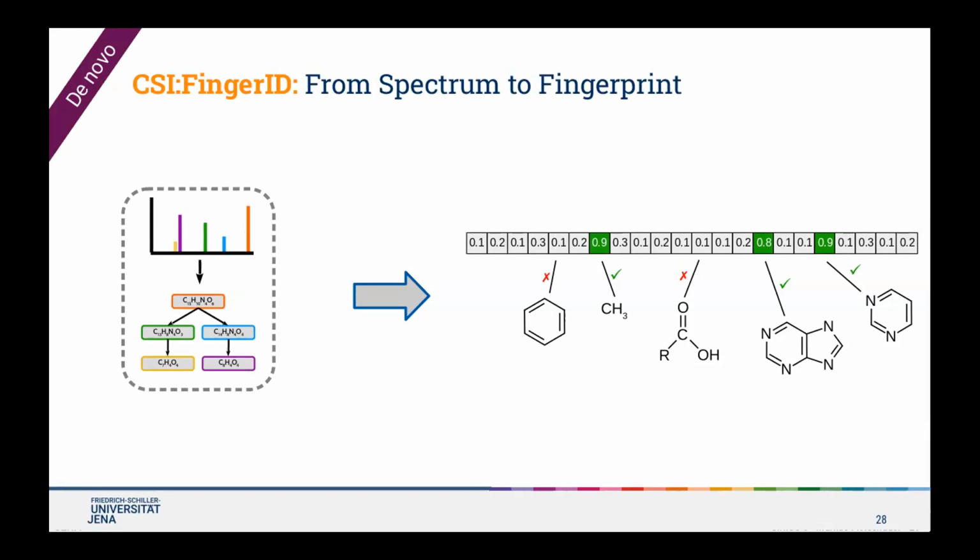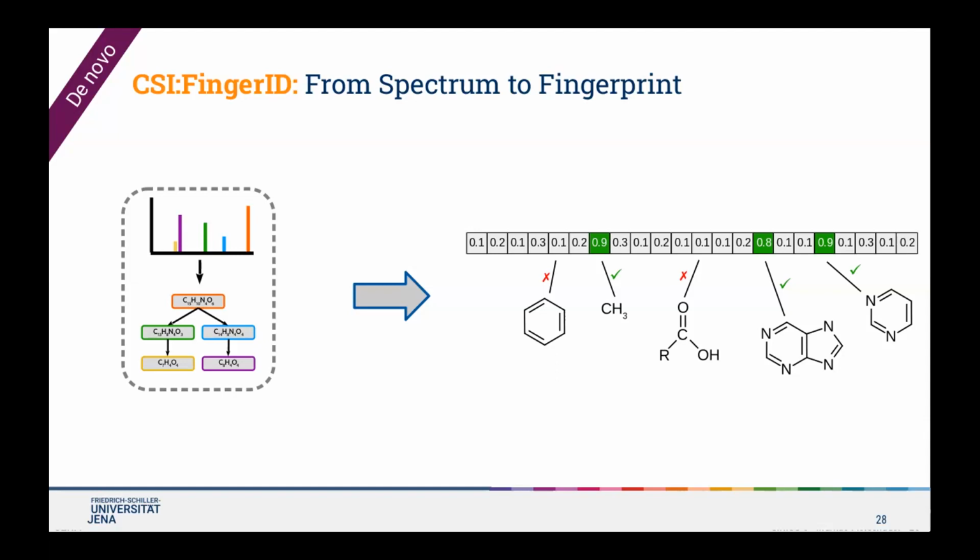And you might have noticed we do not have zeros and ones here anymore, because for each position we do not know for sure if it's in there or not, but rather we have a probability. So if there is a 0.9, the predictor says, okay, I'm super sure it has to be in there. If there is a 0.1, the predictor says, I'm super sure it's not in there.